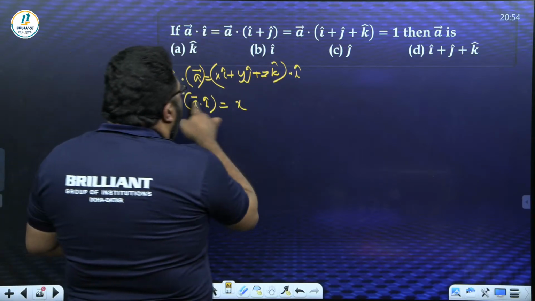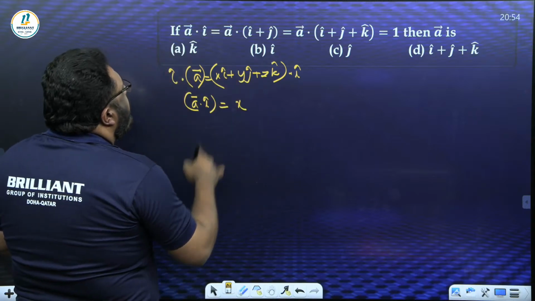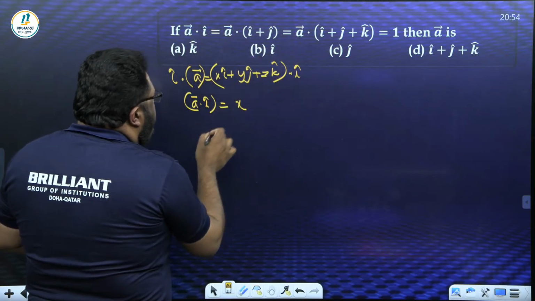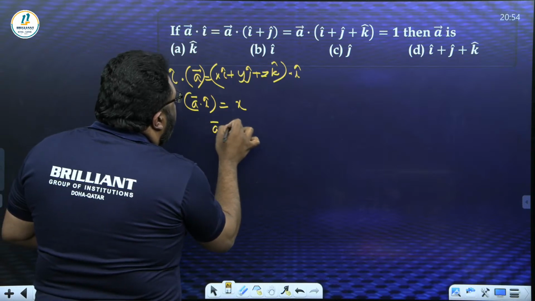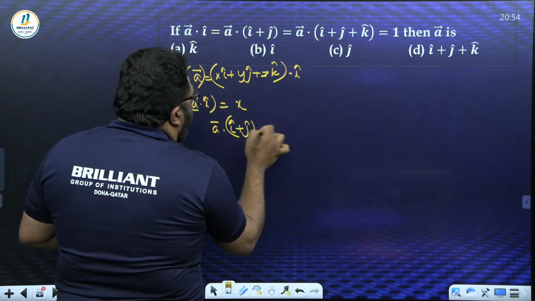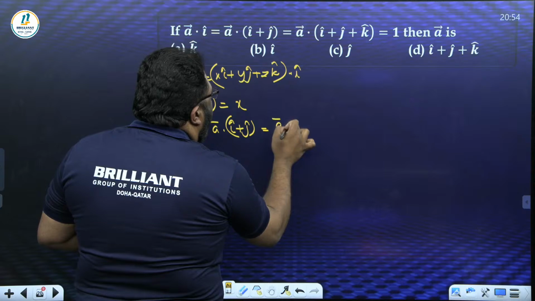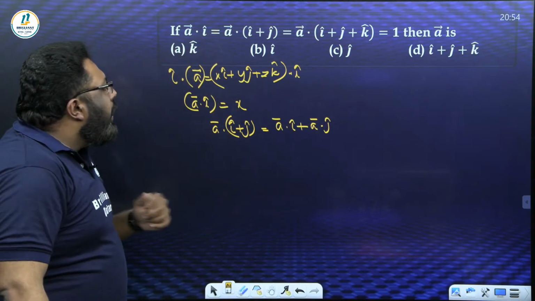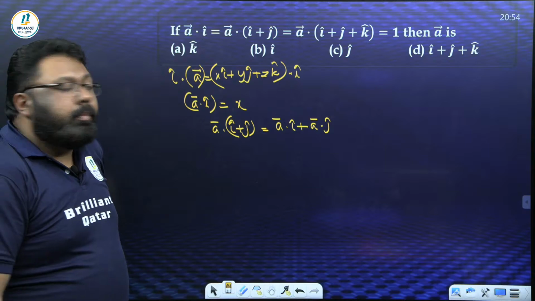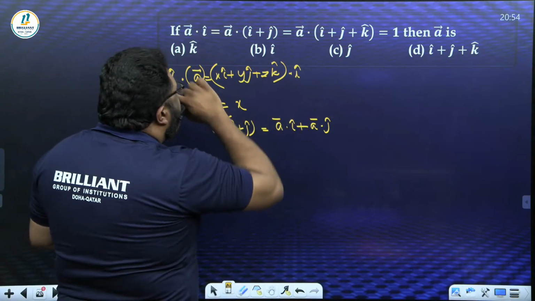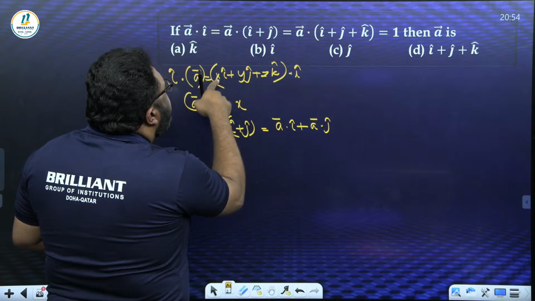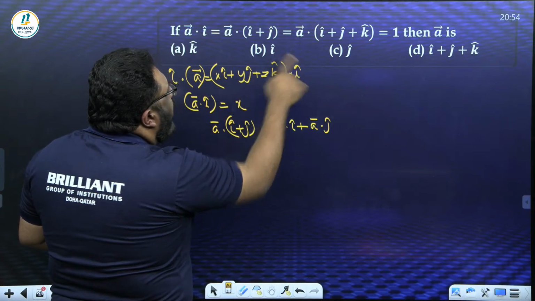Now if A dot i is x, using that logic, can you do the next ones? A dot (i plus j) is A dot i plus A dot j. If you do A dot j, what would you get?